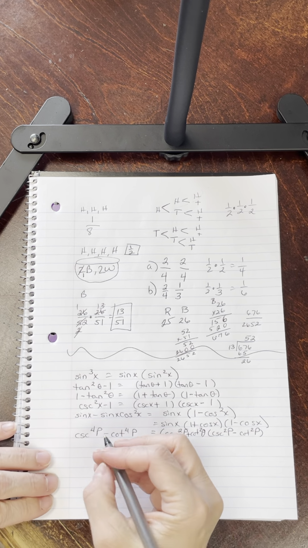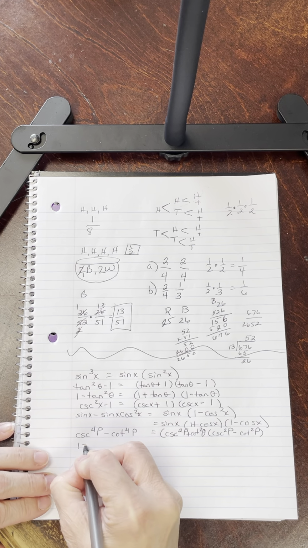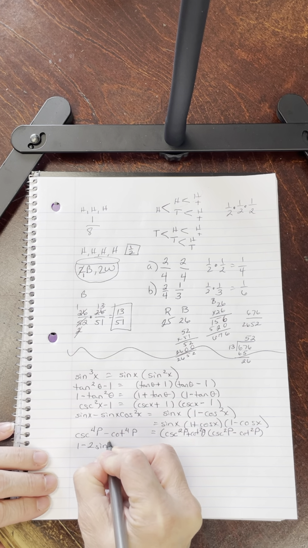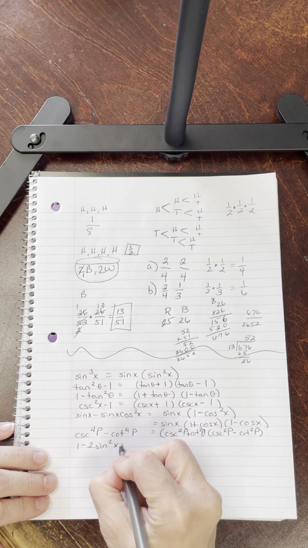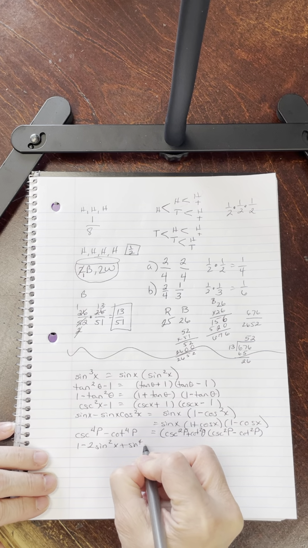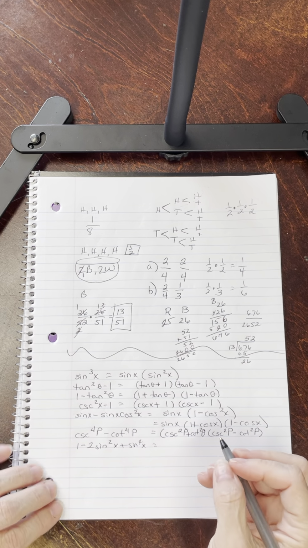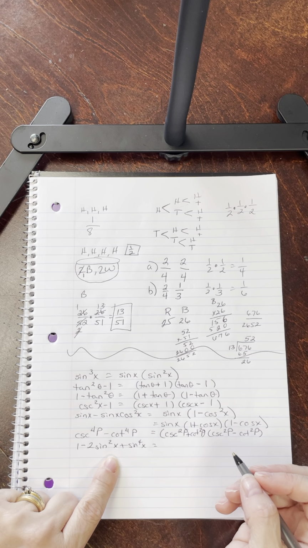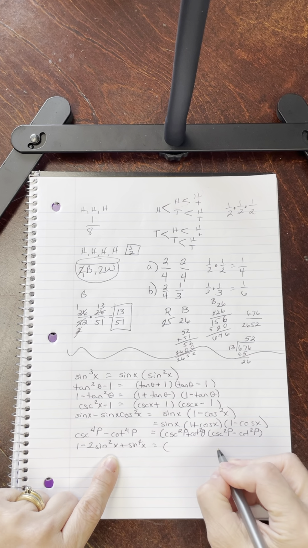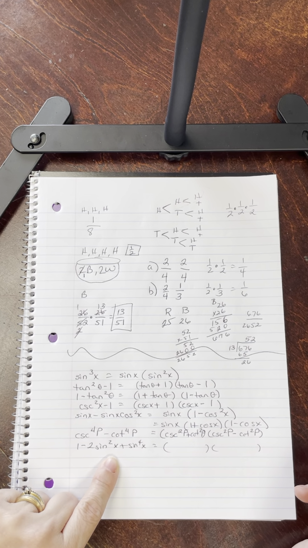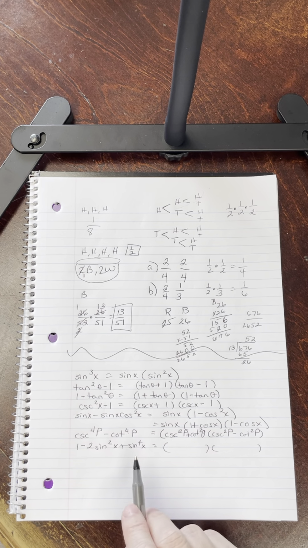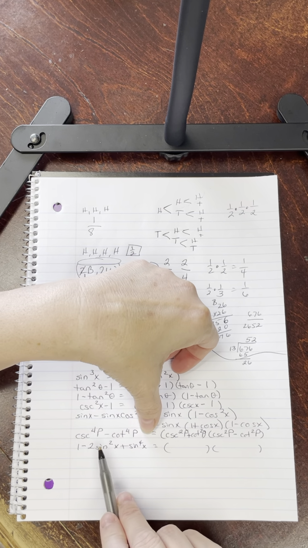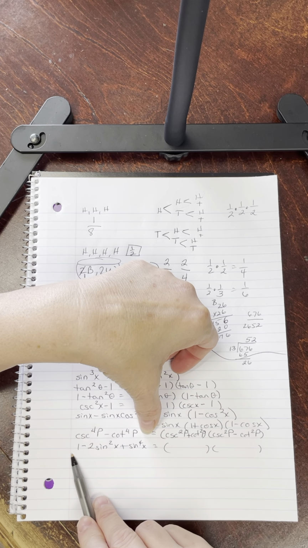All right, they then do 1 minus 2 sine squared x plus sine to the 4th x. This has 3 terms. So when I go to split it into 2, this is written backwards, so I'm actually factoring sine to the 4th minus 2 sine squared plus 1.